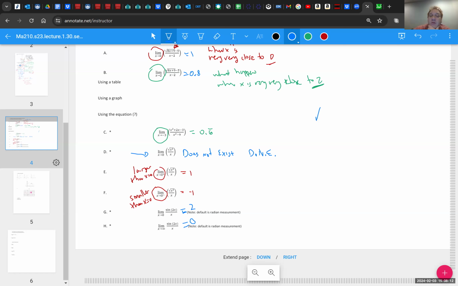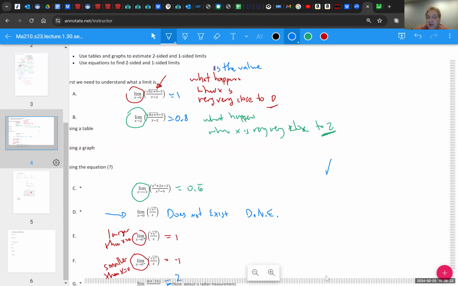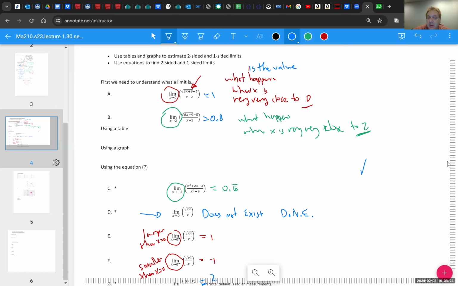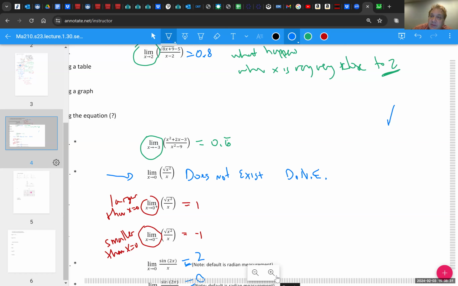So for completion, those are the answers for g and h. All right, so how do we do some of these things using equations? Well, I did promise in that previous video that I would revisit example C and do that using an equation. Example C has the limit as x approaches -3, and it has this fraction.